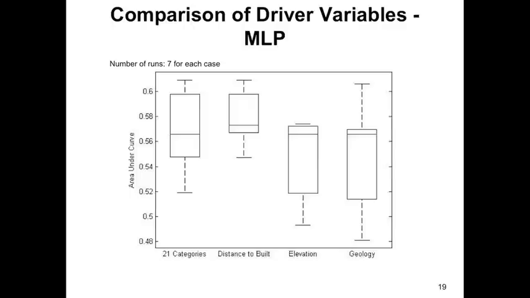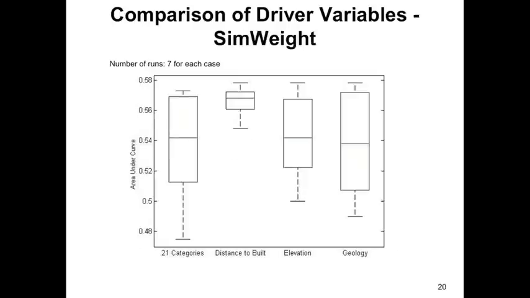By comparing the 4 driver variables, we see that for MLP, model runs that included distance to built in the 21 land cover categories in 1971 performed better as a whole than those that included the other 2 driver variables of elevation and superficial geology. Distance to built is shown clearly to be the most important variable when modeling using SIMWeight, while the other 3 driver variables showed a similar range of AUC scores produced when included in the model.